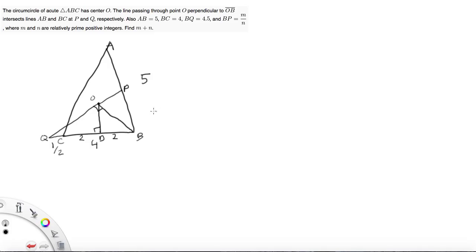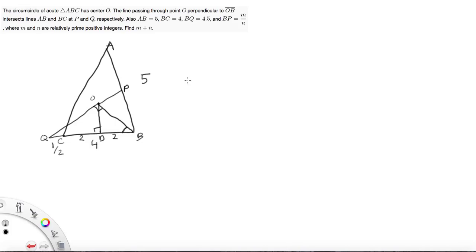Because angle BDO is a right angle, as well as BOQ, and we share this common angle, the 2 triangles are similar. We'll set up a ratio to solve for side BO, because BO is the radius of the circumcircle, since O is the center and B is a point on the circle.